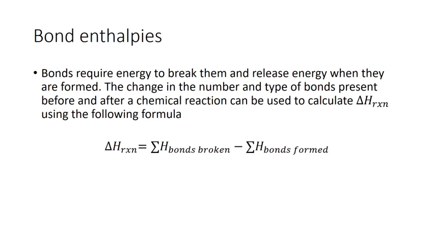Again, enthalpy of reaction equals the sum of the enthalpies of the bonds broken minus the sum of the enthalpy of the bonds formed, right? Because remember, we are needing to use energy to break them, and we are releasing energy to make them.